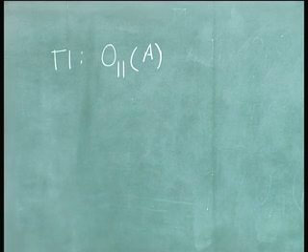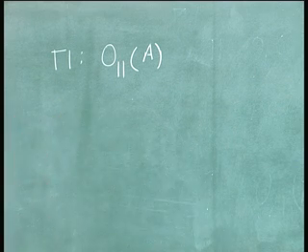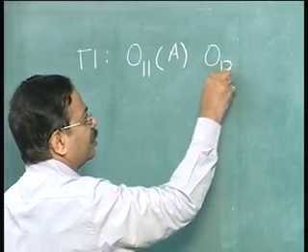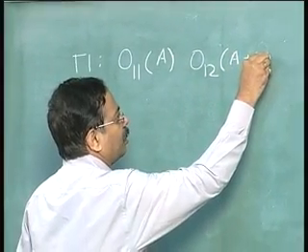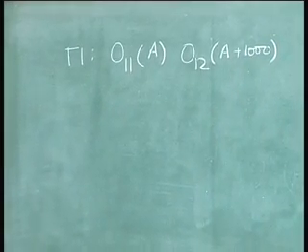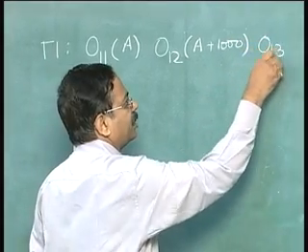So, it is basically a read operation of the account. The second operation is to add 1000 rupees into this account, and the third operation is writing the value back.